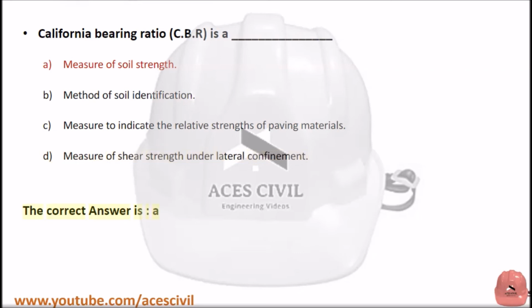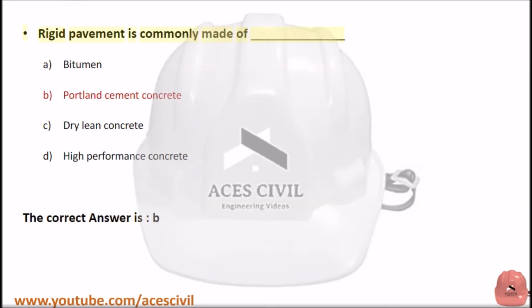The correct answer is A. Rigid pavement is commonly made of A. Bitumen. B. Portland cement concrete. C. Dry lean concrete. D. High performance concrete. The correct answer is B.